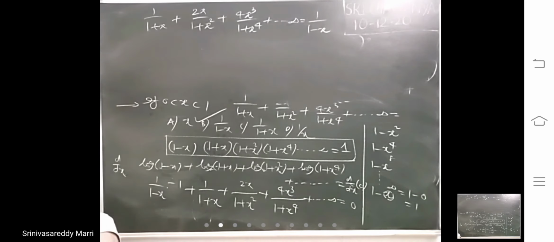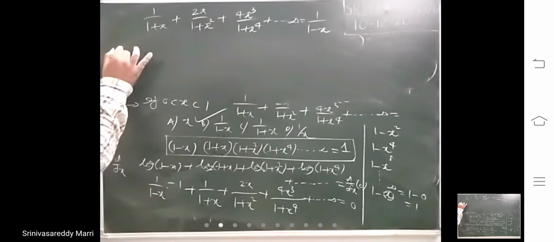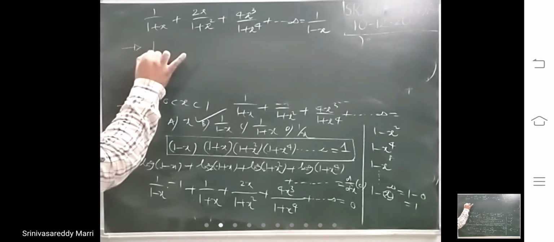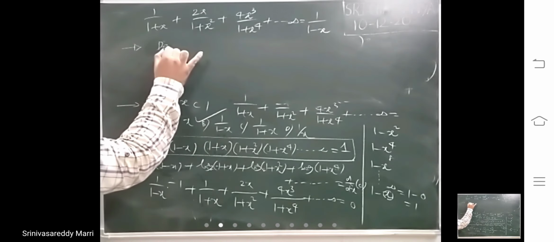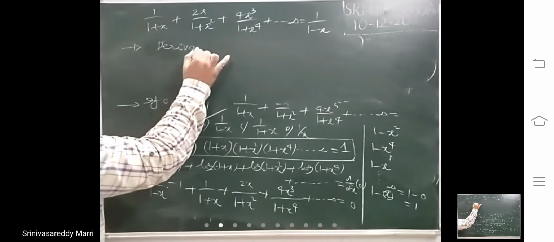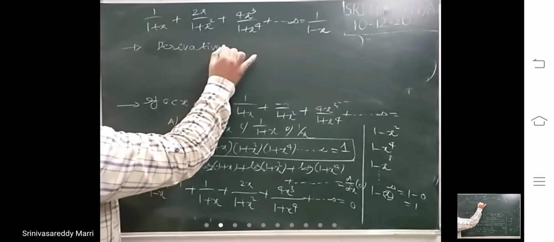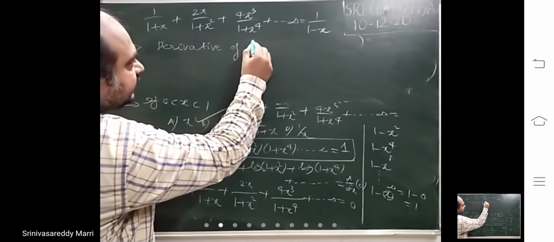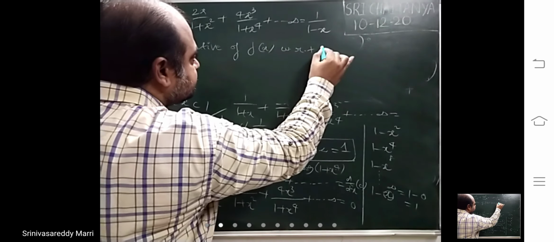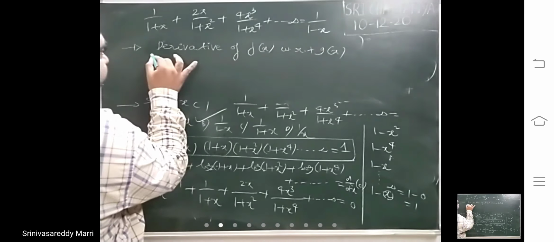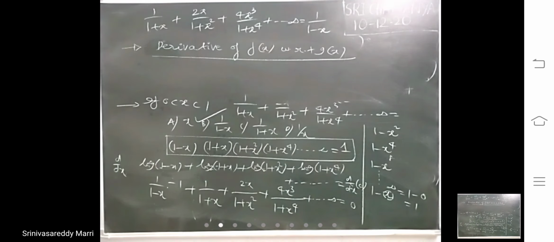Look at next. We'll go to the next concept. Derivative of f of x, one function is there, f of x, with respect to g of x. Derivative of one function with respect to another function.